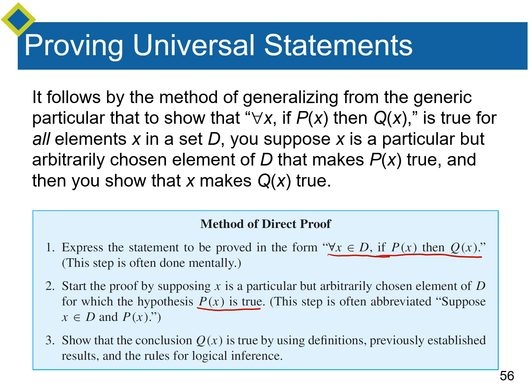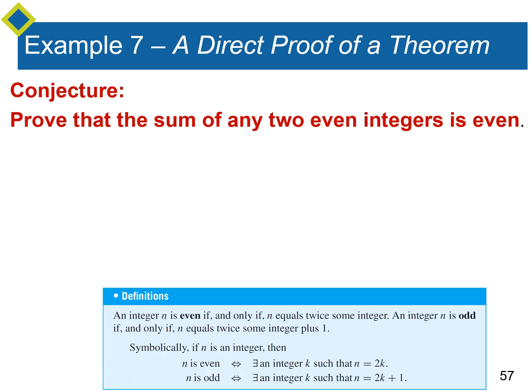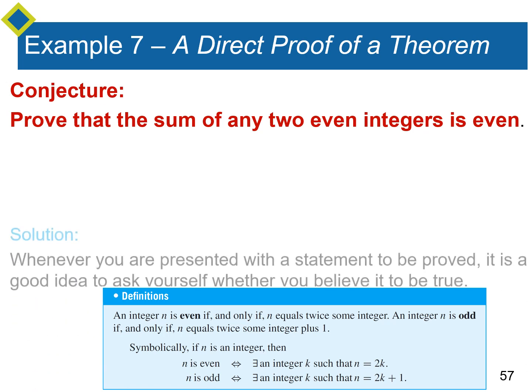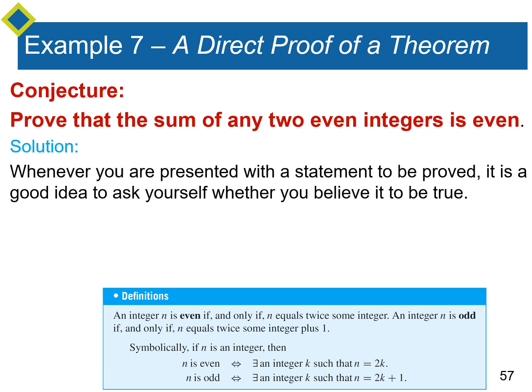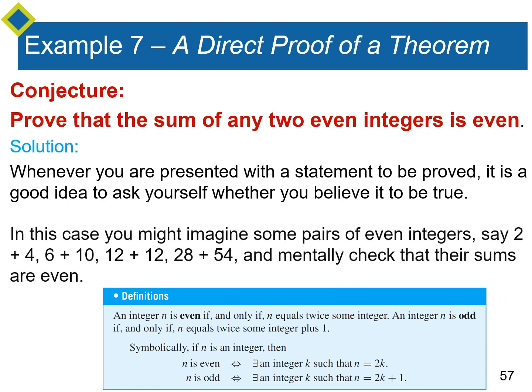So we replace the domain. Show that the conclusion Qx is true by using definitions and theorems. Example: prove that the sum of any two even integers is even. How to prove? We use this theorem, this definition.